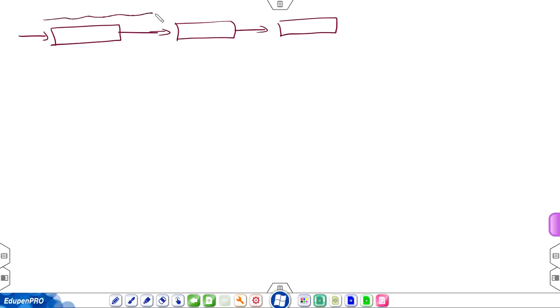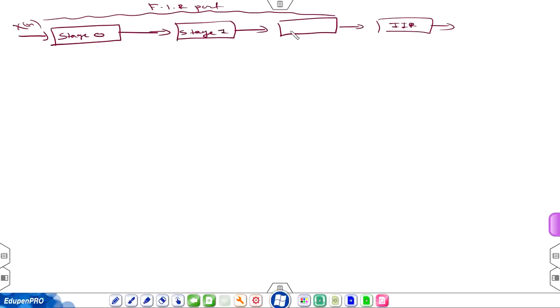So this is the FIR part, and the IIR part as it is. Okay, so now considering this stage, instead of stage 1 I am starting my numbering from 0. So this is stage 0, stage 1, stage 2.